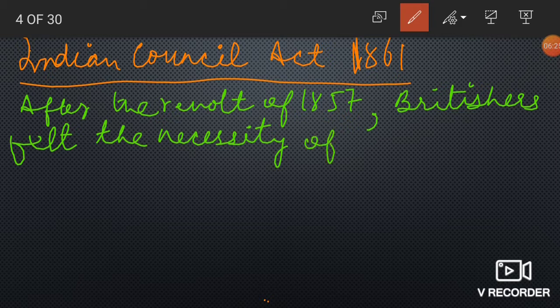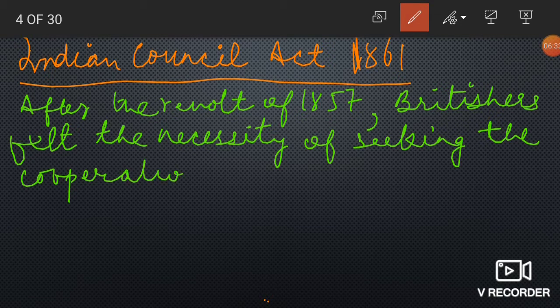of seeking the cooperation of Indians, so that a situation like that of 1857 could be avoided.